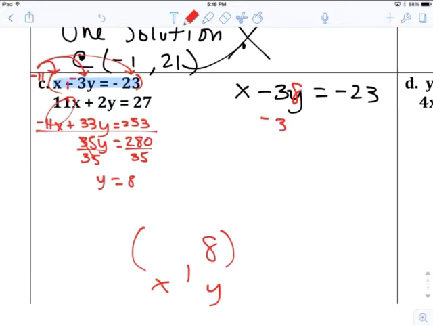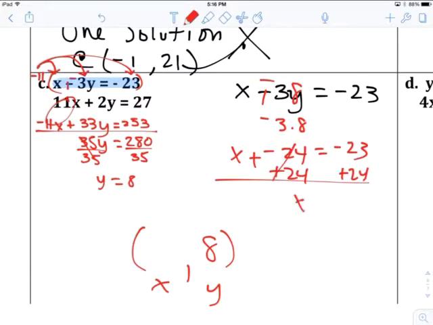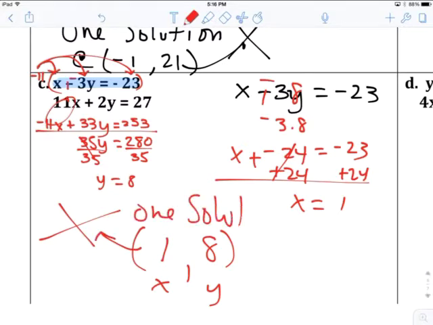So negative 3 times 8 is negative 24. X plus a negative, remember, it's plus negative, equals 23. Add 24 to both sides. X equals 1. So the two lines cross at this point, one solution. That's what it means.